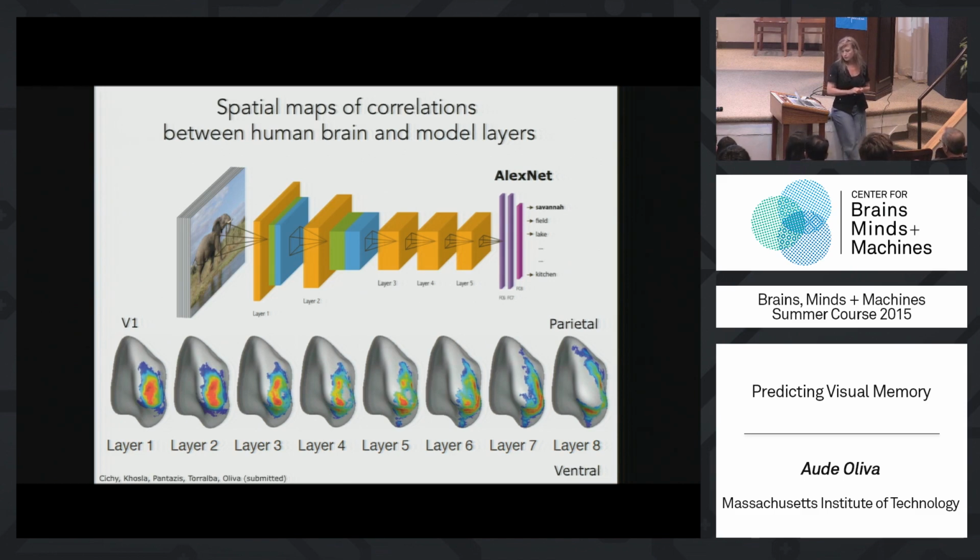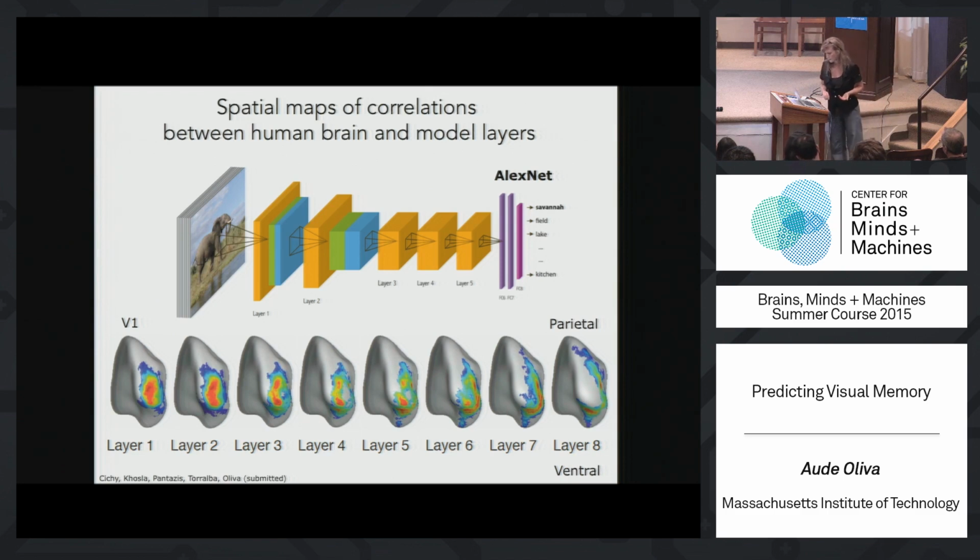So what you can also do is run an image through a network, and run the same image in an fMRI experiment, and then look at the correlation between the responses of the cells, let's say in layer 1, and the responses you may have in different parts of the human brain.